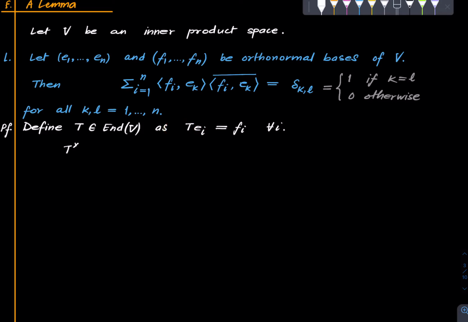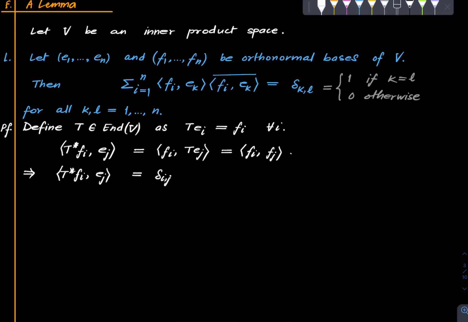Therefore, this expression by definition of the adjoint is equal to, which is equal to that by definition of T. So therefore, this is the Kronecker delta by virtue of the fact that f_i is from an orthonormal basis.